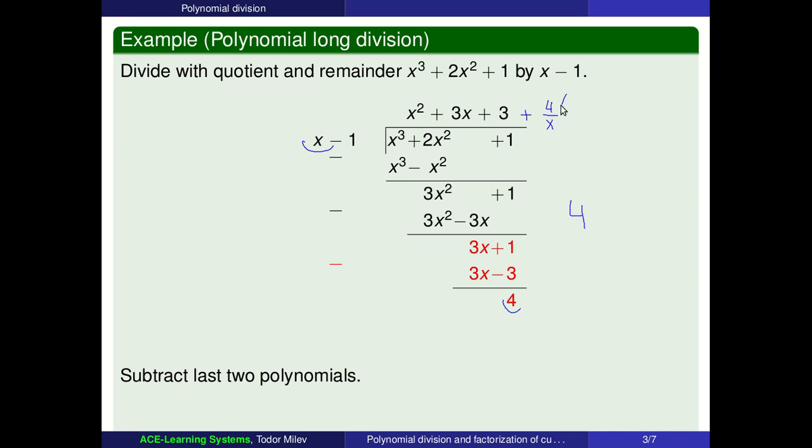However, 4 divided by x is not allowed because division by x exits the realm of polynomials, so that is not allowed by the algorithm. So we're supposed to stop our algorithm as soon as the next step in the algorithm would require the use of division by x. So here's where we stop.